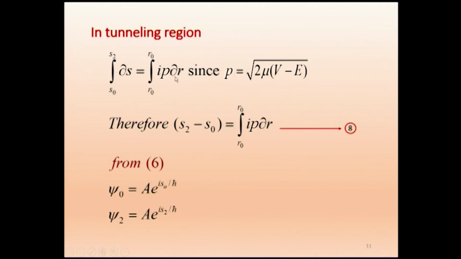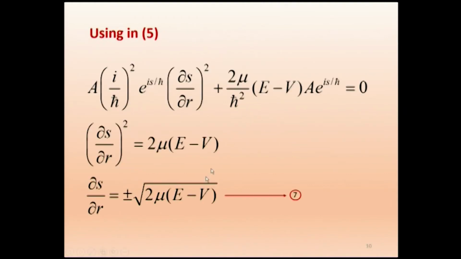And why are we writing this i? Because the momentum P is from V minus E, but here in the expression we are getting E minus V. When you integrate, S is written as S0 to S2, and when you integrate r, it is R0 to R2.